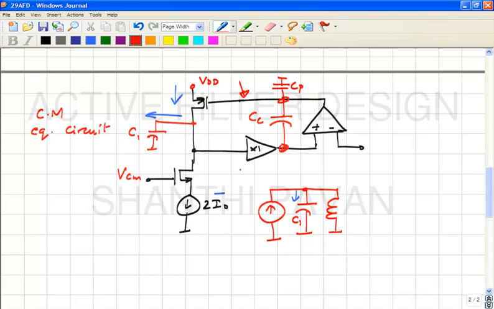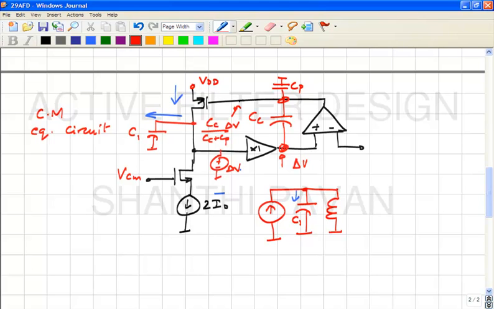There is a direct path through Cc, and what will be the change in the voltage at the gate due to a change in the voltage here? This is delta V. This is also delta V. If this goes up by delta V, what happens to this potential? Cc by Cc plus Cp times delta V, which means that if the gate goes up, what must be happening?